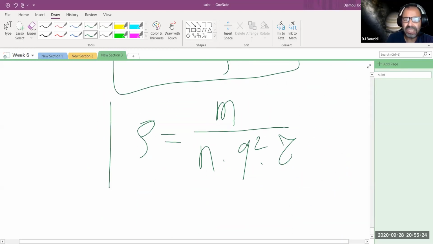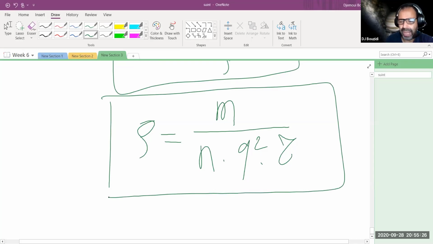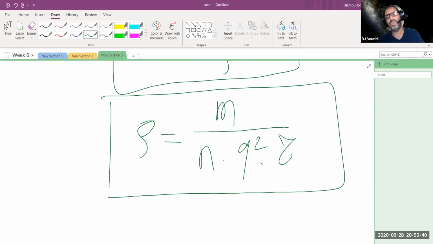So let's think about this expression for a moment. m is the mass of the charge carriers. We know today that they are electrons, so m is fixed, 10 to the negative 31 kilograms. n is a property of the material. It has to do with the density, which is most of the time fixed too. You don't really have a lot of control over it. It usually varies very little from material to material.